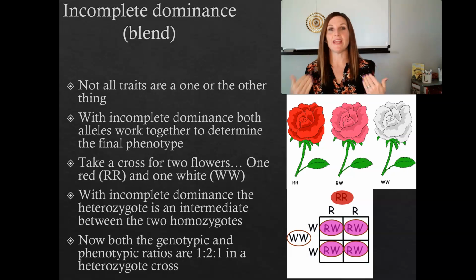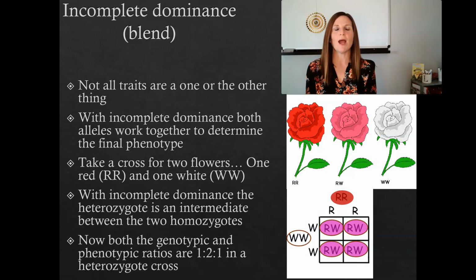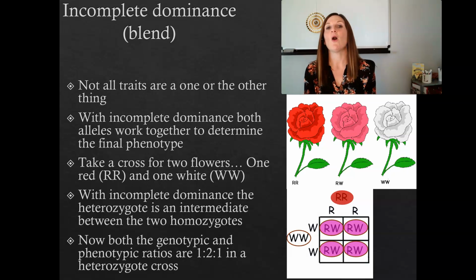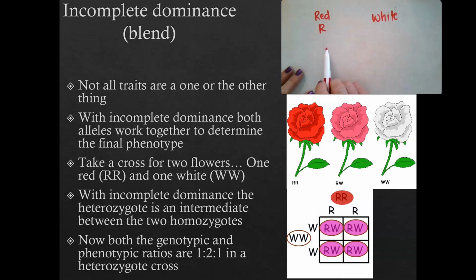This kind of inheritance works exactly the same through a Punnett square, but the phenotypic ratio is going to be different. So let's compare what happens with incomplete dominance compared to regular dominance and recessiveness. In incomplete dominance, when we are giving our letters for the alleles, there are no recessive traits. There's just dominant and the other dominant.